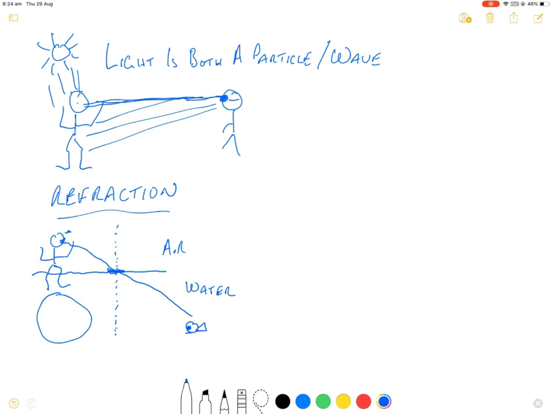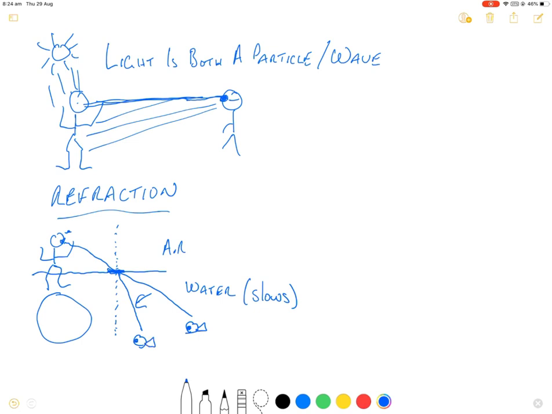So if the medium, water, slows the light ray, it will bend the light ray towards the normal.